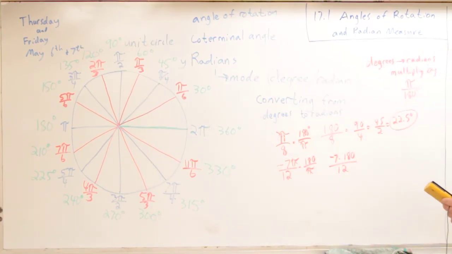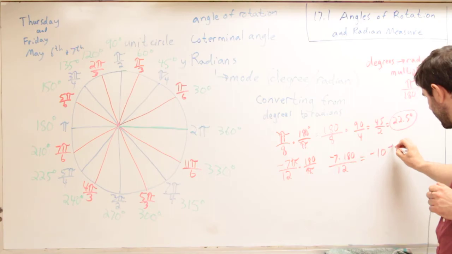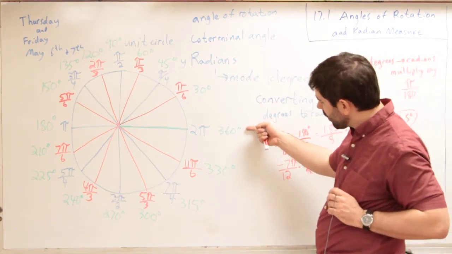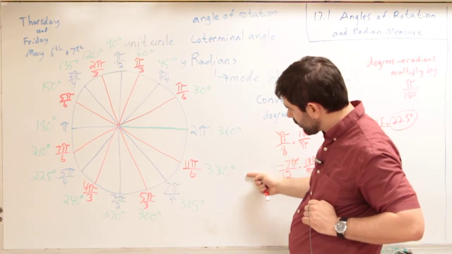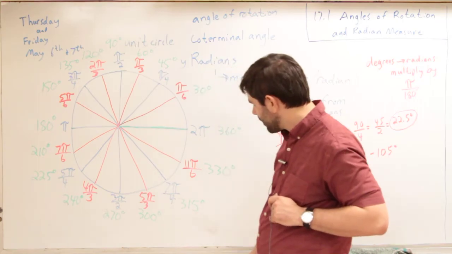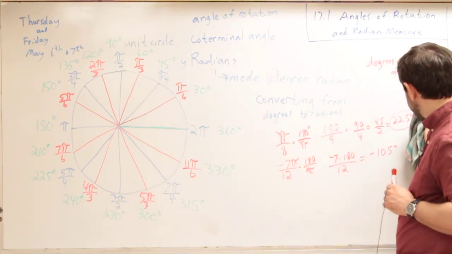Let's just try it. Negative 7 times 180 divided by 12. Yes, it does. We get negative 105 degrees. So negative 105, so that would start at 360, 270, it'd be somewhere down here. Be 255 degrees. And they would be coterminal with that.